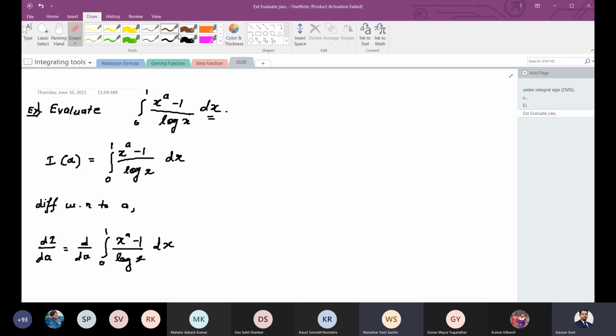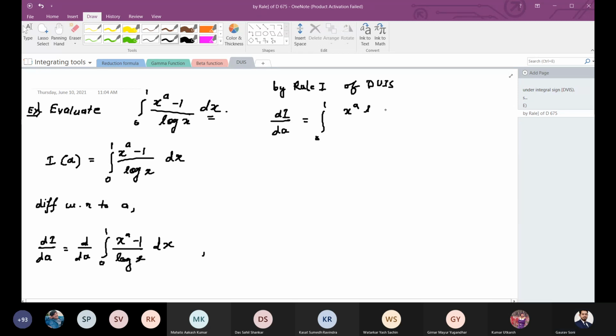Which rule is to be used? Rule number 1 of DUIS. What do we have? dI by da is equal to integration 0 to 1 of the derivative, which we saw is x raised to a log x upon log x dx.